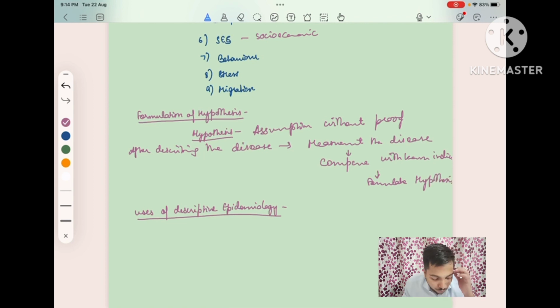What measurement will you do? Descriptive epidemiology may use a cross-sectional study or a longitudinal study to obtain estimates of the magnitude of health and disease problems in human population.